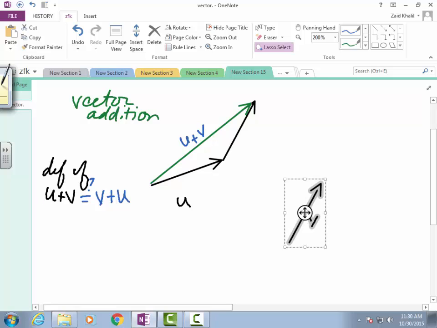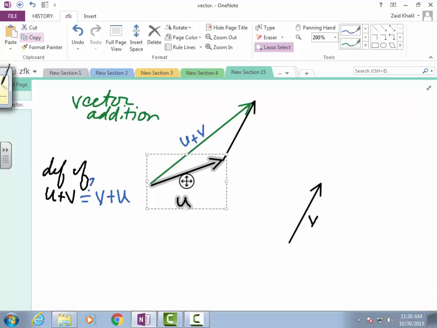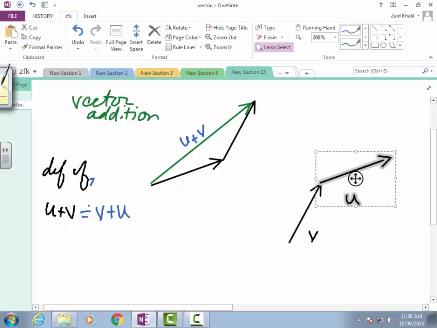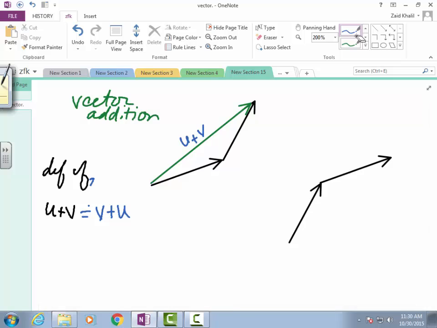And I'm going to take u and translate it to the head of v. Right? So then what would v plus u be? So this is v, this is u. It would extend from the tail of v to the head of u.